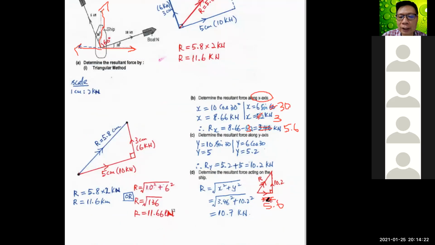It is towards here because this one is bigger than this one. So the resultant force is 5.6 to the right, whereas the vertical one is 10.2 going up. So 5.6, 10.2, use your calculator. So what answer you get?